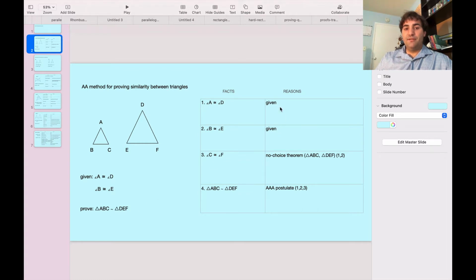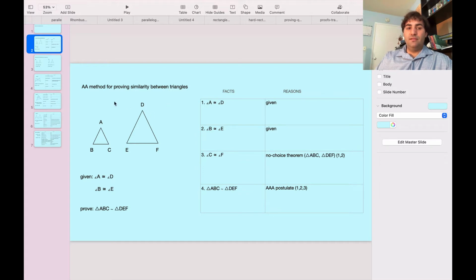So we write down the givens, and we can apply the third angle theorem to triangle ABC and triangle DEF. And that leaves angle C is congruent to angle F. Therefore, by the angle postulate and using these three facts, we know that triangle ABC is similar to triangle DEF.